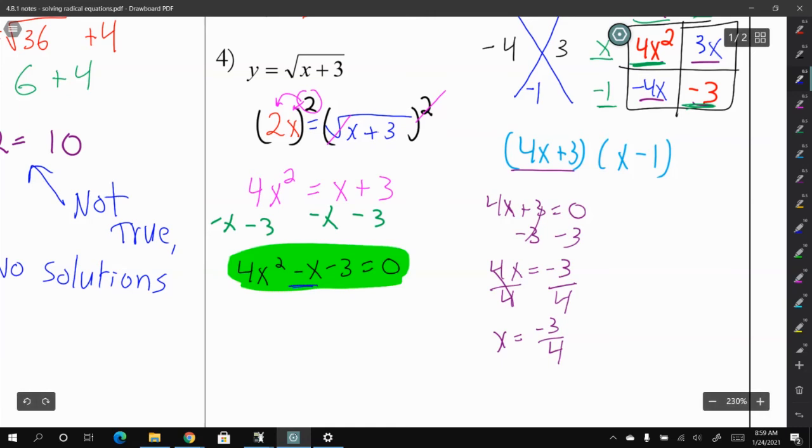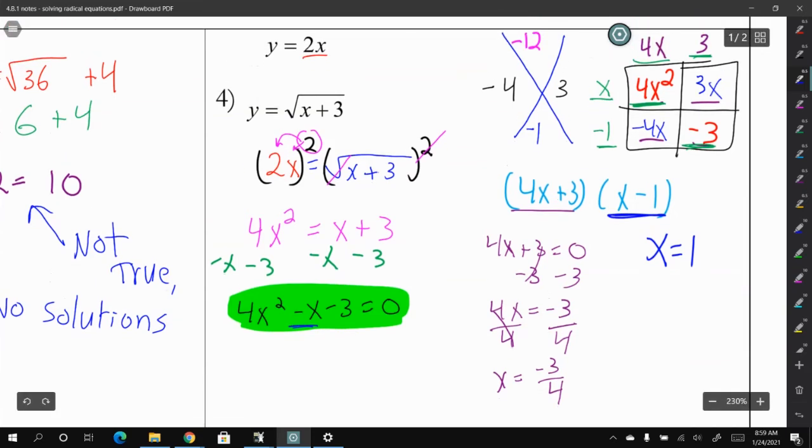And then for this right here, x equals 1. So we have to plug both of those back in. And to be completely honest, I would just plug them into this one right here first, because if that gives you an error, then you know the other part won't work regardless.